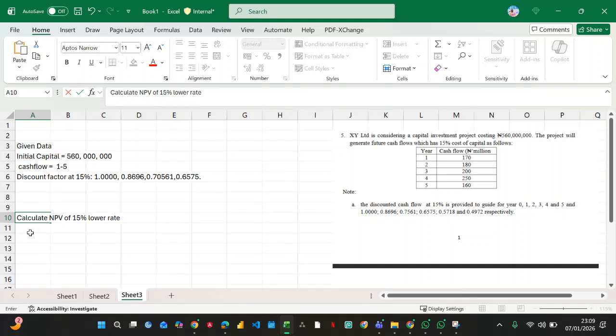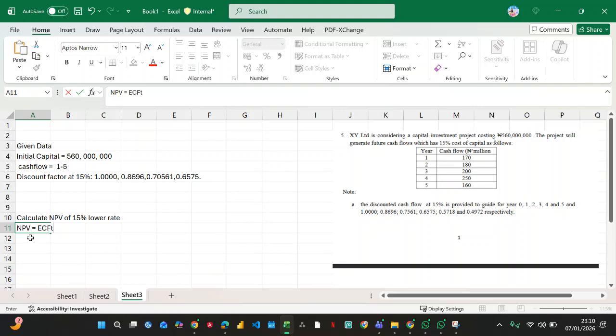And then what's the formula for this? The formula for NPV equals the summation of cash flow. When I say summation, I'm talking about the sigma sign. I just use E for that, but you know I'm talking about summation.